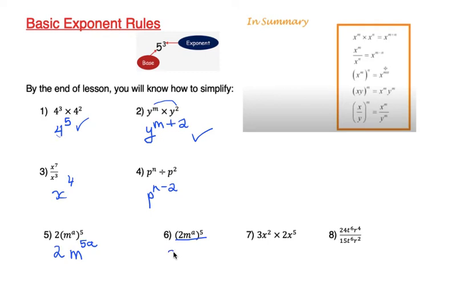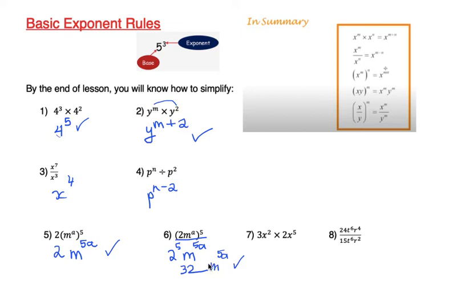This is going to be 2 to the 5, and then m to the 5a. Now 2 to the 5 we can actually evaluate. That's actually going to be 32. So 2 times 2 times 2 times 2 times 2. And then the m is just going to be to the power of 5a. That's what that looks like finished, okay?